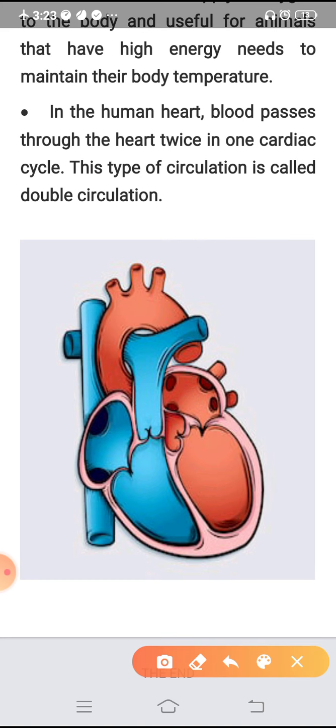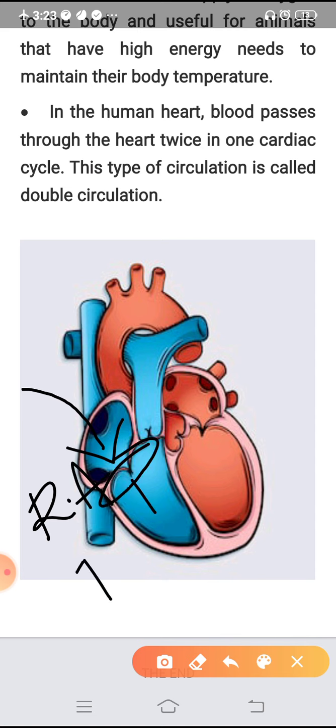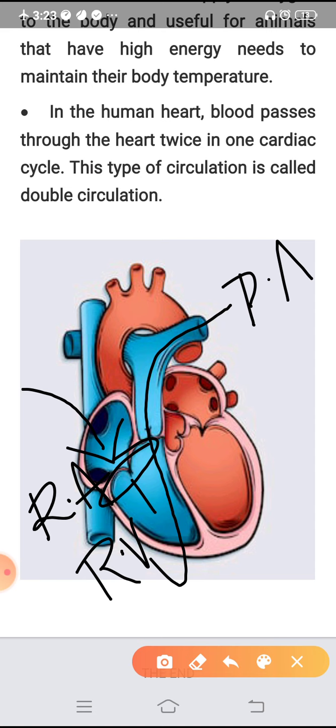The deoxygenated blood enters the right atrium and through the tricuspid valve enters the right ventricle. Now this deoxygenated blood goes through the pulmonary artery to the lungs, where the carbon dioxide is thrown out and the remaining blood again gets oxygenated.